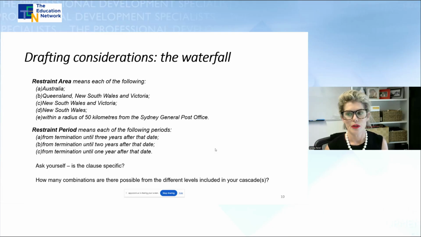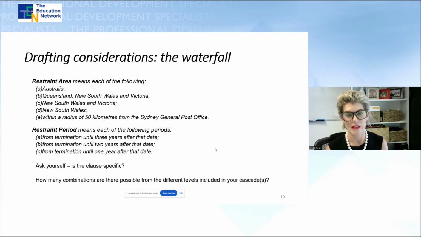So looking at those, we actually need to also still be asking a couple of things. One of them is, are the provisions of the clause specific enough? So if you don't have a geography in your restraint clause, that's probably fatal.